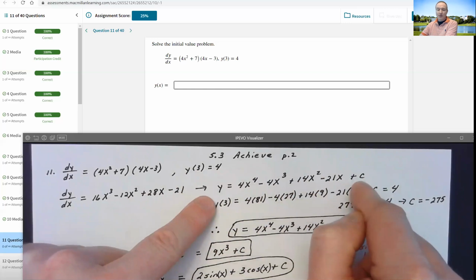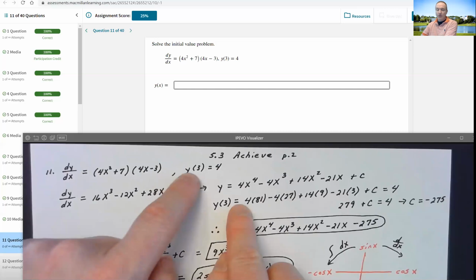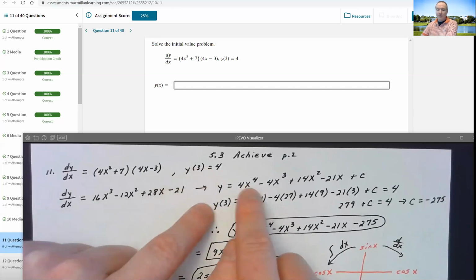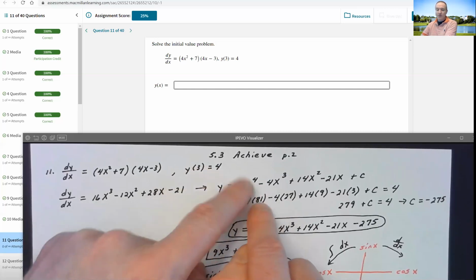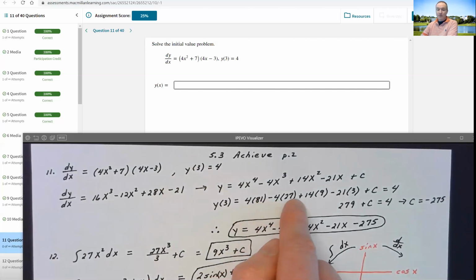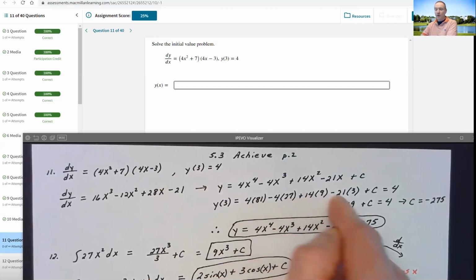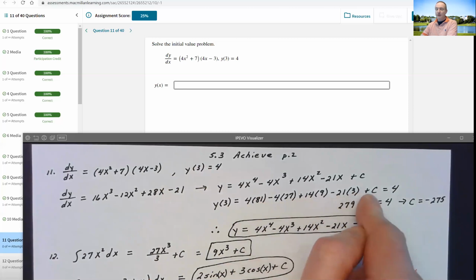Now we're trying to solve for that constant of integration. So what did I do? I plugged 3 in the place of x in my function. I have 4 times 3 to the fourth became 4 times 81, minus 4 times 3 cubed is 27, plus 14 times 3 squared is 9, minus 21 times 3 plus c, and I know that all of that has to equal 4.